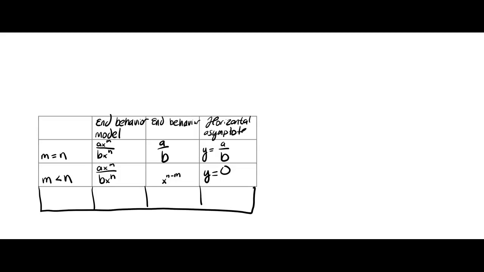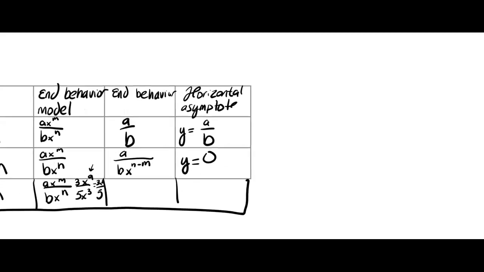And finally, that last thing that we're going to take a look at is this end behavior model of a times x to the m over b times x to the n. And this time I'm going to take a look at what if m is larger than n. Alright, so what if I had 3x to the 9th over 5x cubed? Again, this time I see that 3 of my x's are going to cancel out on top and bottom, but I'm still going to have 6 x's stuck up here, so that would simplify to 3x to the 6th over 5.